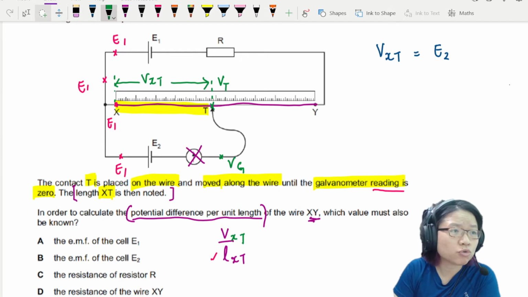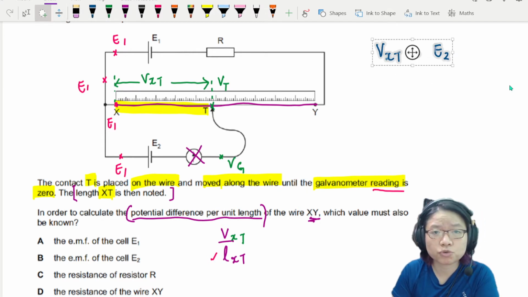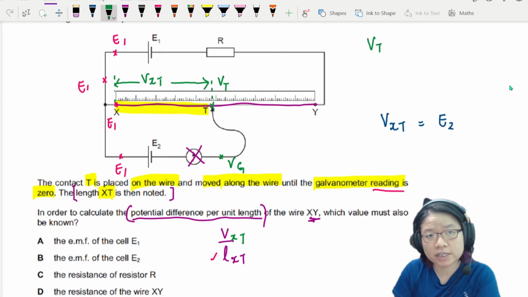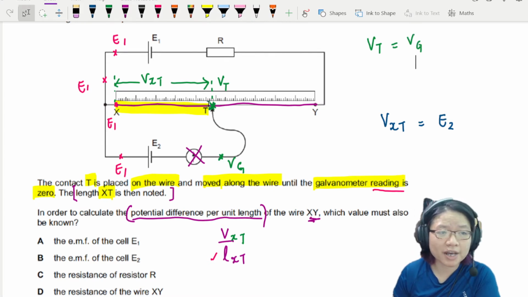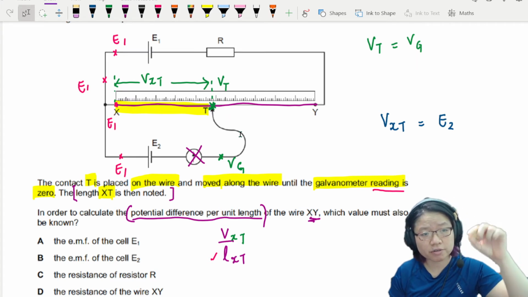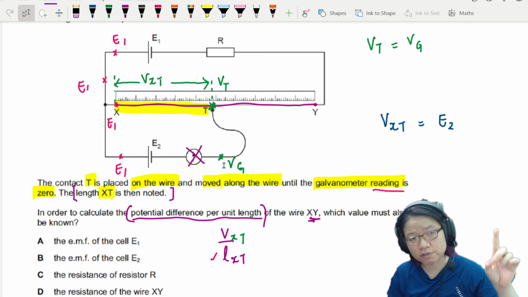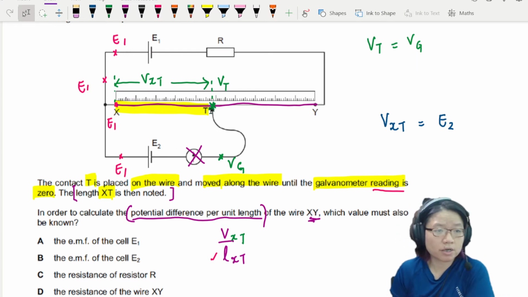For current to not flow through the galvanometer, the potential at T, at this point, must be the same as this point. Because if not, current will flow either from the higher potential if T is higher, or from the lower potential if G is higher. So right now, there's no current flow.